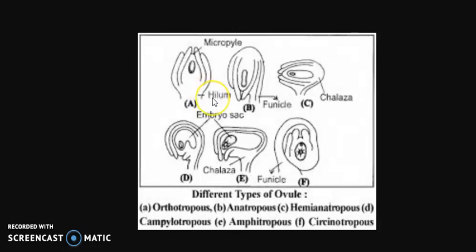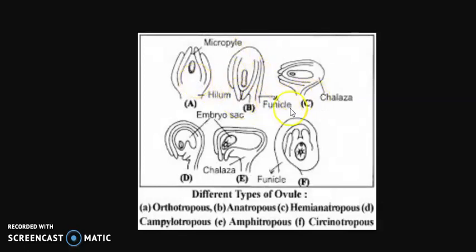Now, this is going to be your assignment, which you are going to cover in the comments of the video. You are going to name each ovule, give its definition, and one example. Anatropous, definition, one example. Orthotropous, definition, one example. Similarly for the rest. I was just in the process of telling you that in your NCERT we have the anatropous ovule drawn, where the stalk of the ovule is inverted or turned 180 degrees.